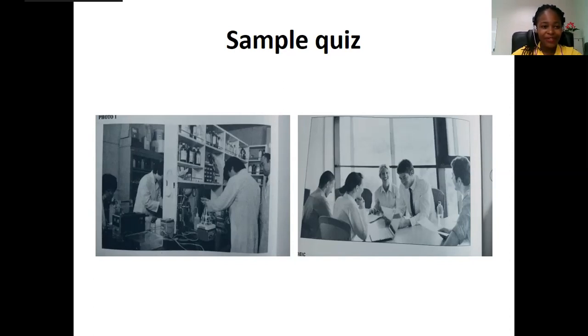For photograph number 1, the correct answer is B. And for photo number 2, the answer is C. So when you listen in on photographs, begin to check out the photo first, because there are 6 photos, and when you get into the test, you'll be told when to open that question paper.